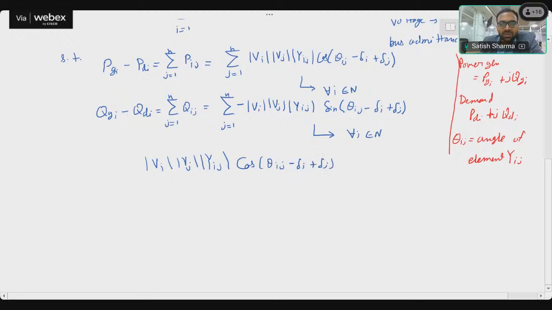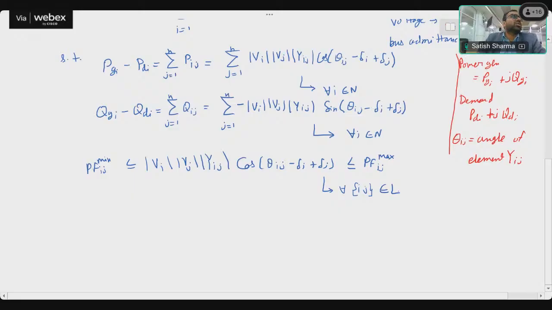So this should be less than whatever limit we have for power flow ij maximum, and greater than whatever limit we have for power flow ij minimum. Okay, so these are the limits we have mentioned, and we have to write this down for all ij pairs, which is the set of lines. Whatever the number of lines is, we have to write it down for those.